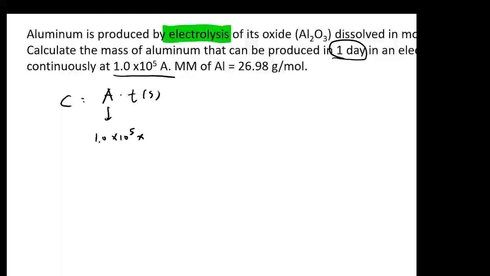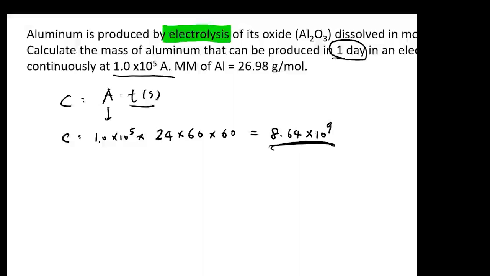It says 1 day, but you need to multiply in seconds. We know 1 day is 24 hours, 1 hour is 60 minutes, 1 minute is 60 seconds. Then you know that's the charge you're going to provide through this process. If you do this, you get 8.64 times 10 to the 9th.